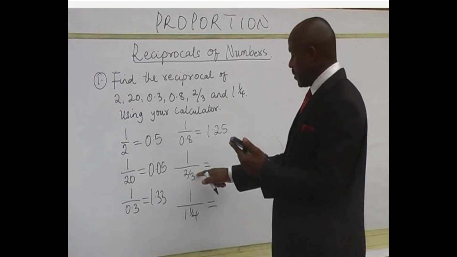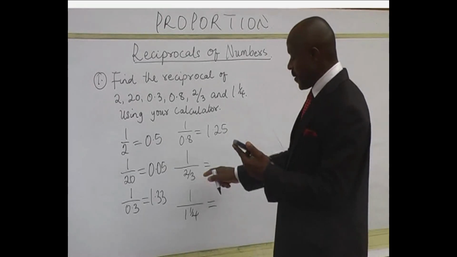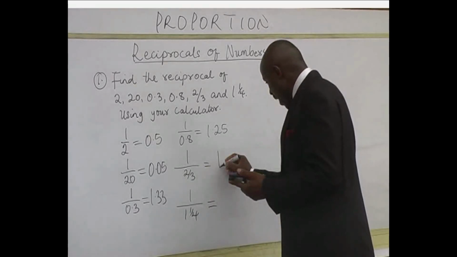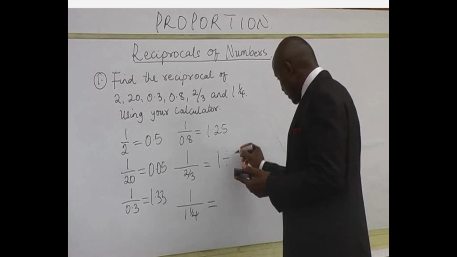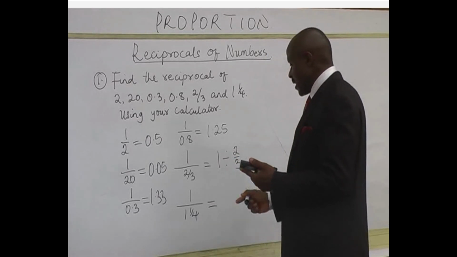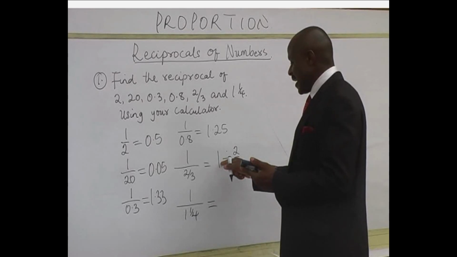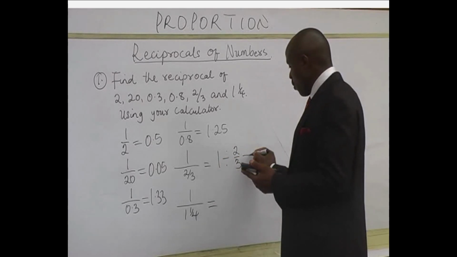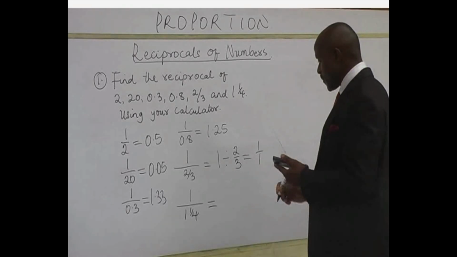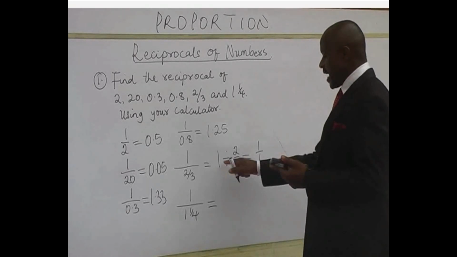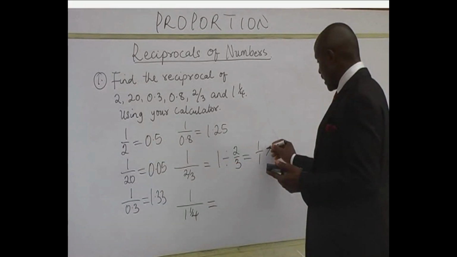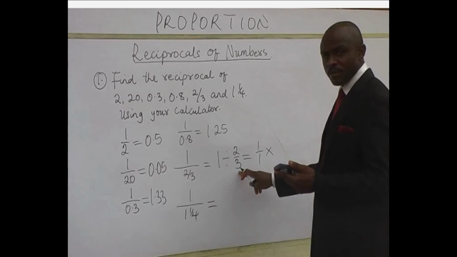Now, this is a different case. What this means is 1 divided by 2 all over 3. I hope you know you are going to write 1 in fraction form. 1 in fraction form is 1 over 1. Change this sign of division to the sign of multiplication and invert the fraction that follows.